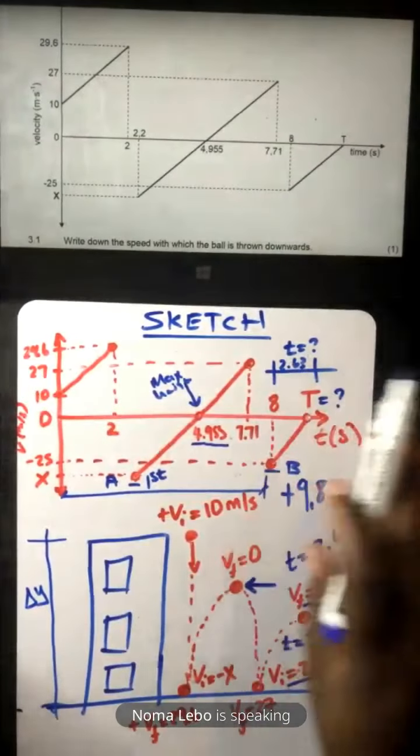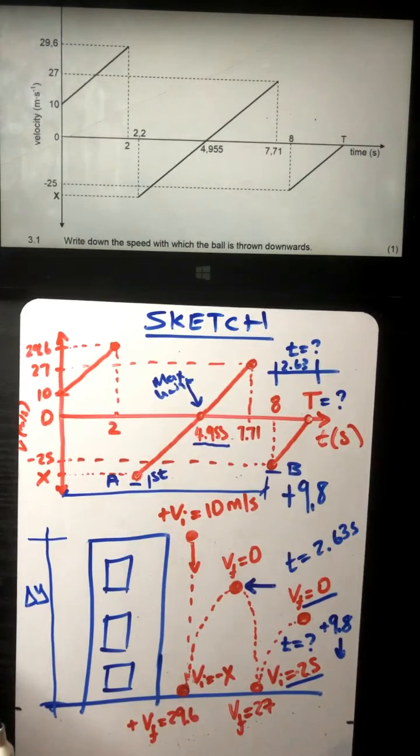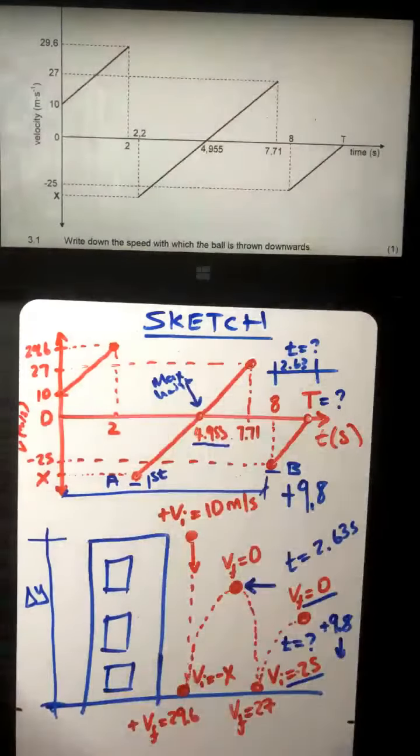It's A, ne? Yes, sir. Okay. Now you've got it right to say x represents the velocity. So now, what is that velocity?